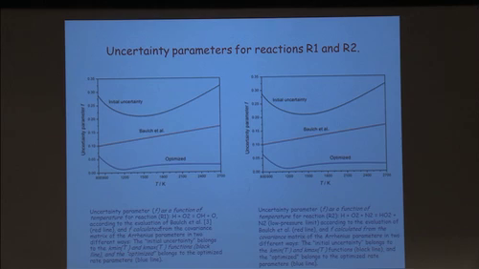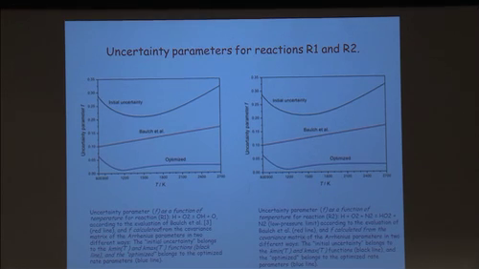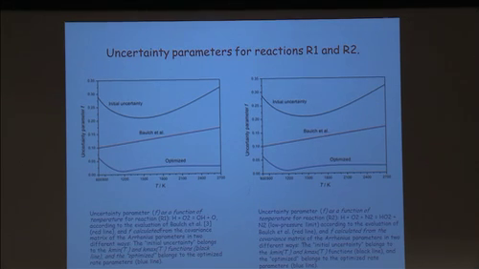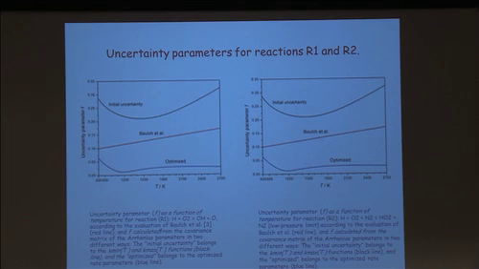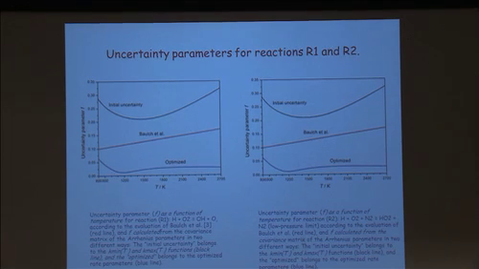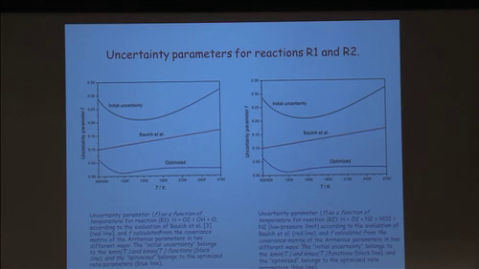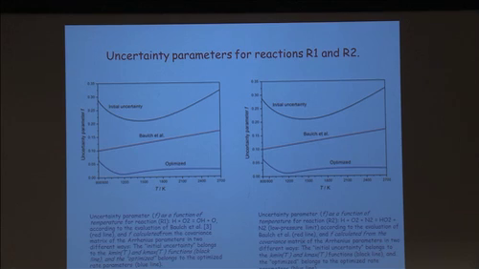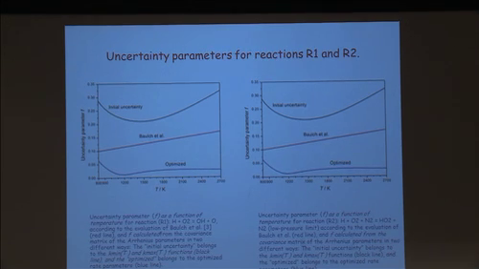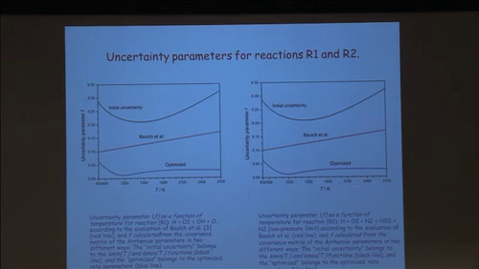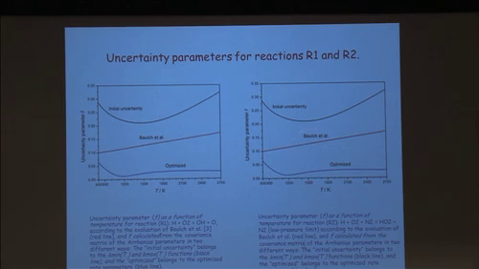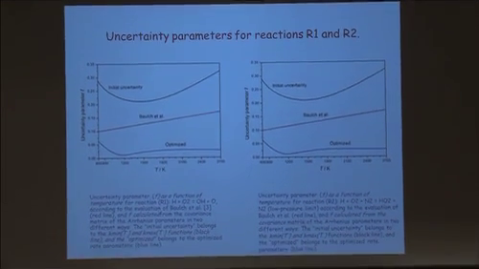So the values for the rate coefficients haven't changed by very much. But on the other hand, the uncertainty in those rate parameters has been significantly reduced, and it's been determined by a better statistical approach to the problem. And that's what we get for the H plus O2 plus M, the low pressure limit.